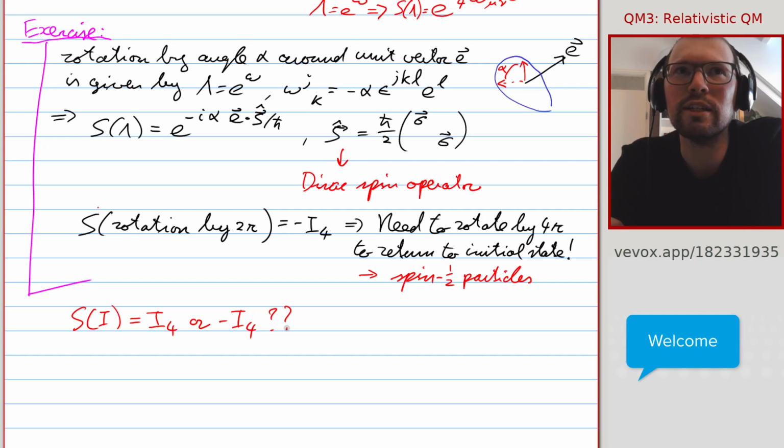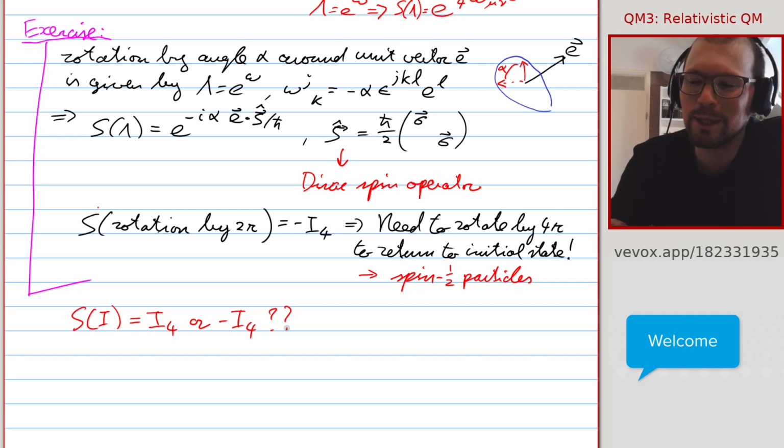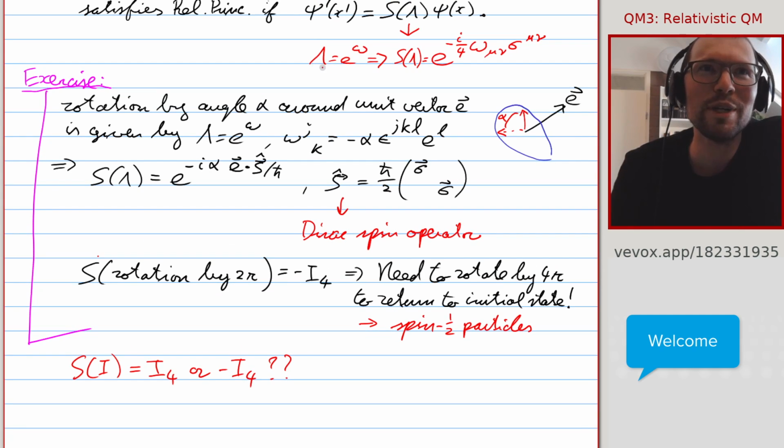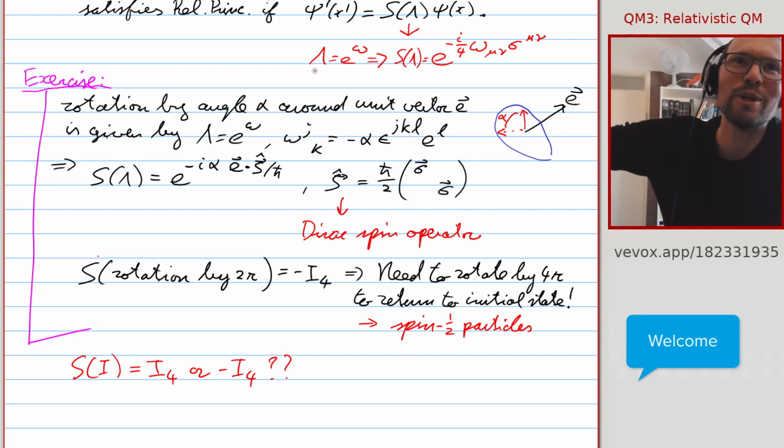So you're saying it should be the identity matrix, minus. Well, it seems like this for the spinors, but certainly, if you look at the matrix lambda, the Lorentz transformation, that matrix is going to be the identity matrix for a 2 pi rotation.